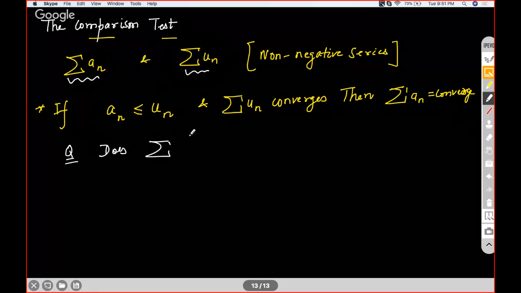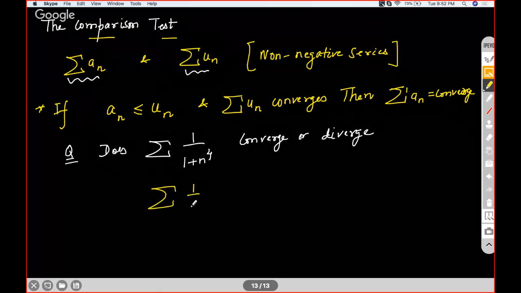Does this converge or diverge? Now, it's very clear that summation 1 by n to the power 4 converges. Why?